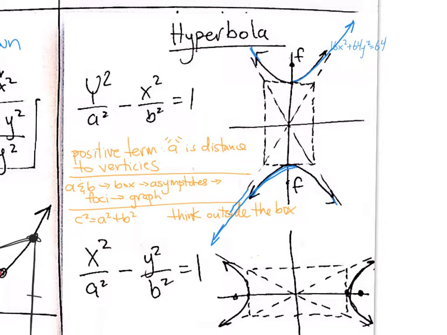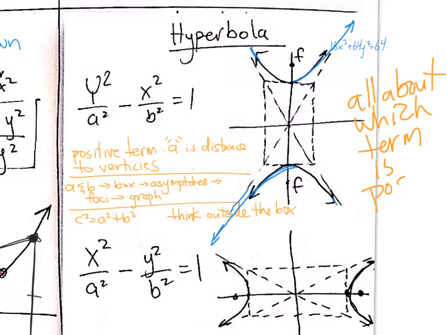For the hyperbola, it's all about which term is positive. I'm going to write that. That's going to tell you where the vertices are.